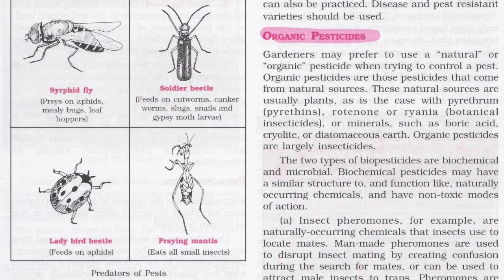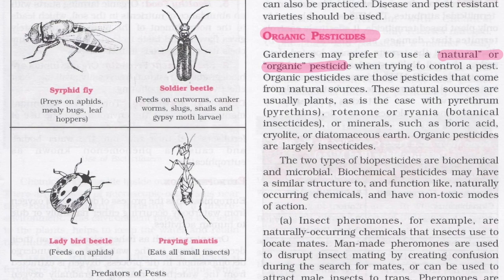Organic pesticides. Usually gardeners prefer to use natural or organic pesticides when they are trying to control a pest. Organic pesticides are those pesticides that come from natural sources, and these sources are usually plants, as in the case with pyrethrum, rotenone or ryania, or also some minerals like boric acid, cryolite or diatomaceous earth.